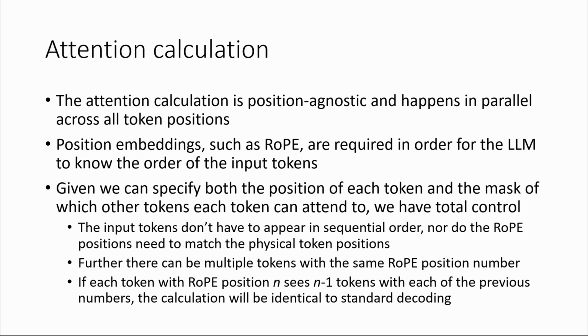To set up the background, and I'm going a little bit slow here, let's review what's happening in the attention calculation. The true attention calculation, in terms of just doing queries dotted with keys, is completely position agnostic, and it happens in parallel across all token positions.